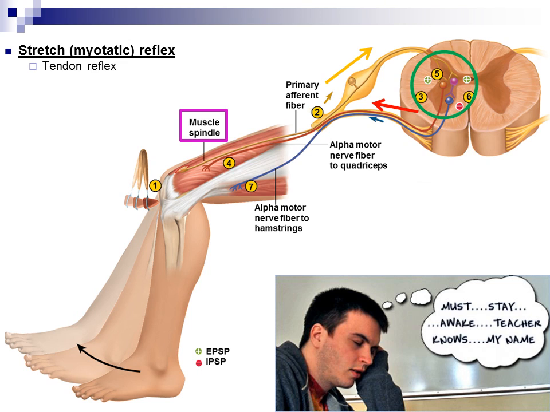This may have helped you to realize that this antagonist must be inhibited at the same time that the prime mover is stimulated, or otherwise it may prevent the reflex action from occurring. In this case, do you remember what the antagonist of the quadriceps femoris is? In other words, what muscles are involved in knee flexion rather than knee extension? If you remembered that it was the hamstring muscles, congratulations, you're right.